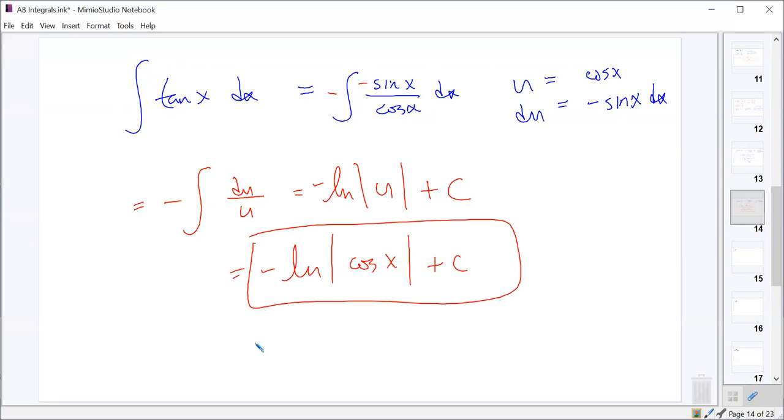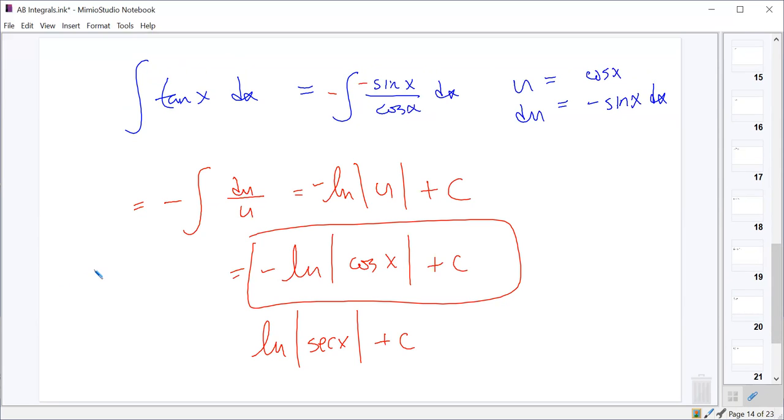Sometimes you might also see this written as natural log absolute value secant x plus a constant, right? Cosine to the -1, which is the cosine of x to the power of -1, would be 1 over cosine, which would be secant x. So, same thing. Good or no? But it's not negative. For the natural log of secant, no. For the cosine part, yes.